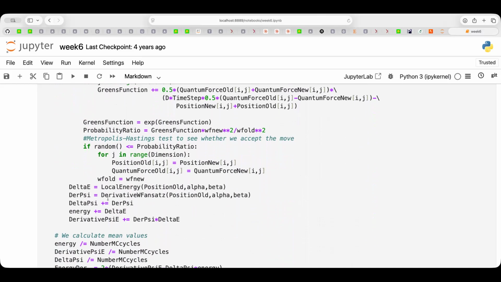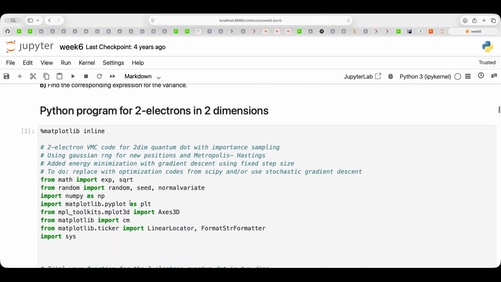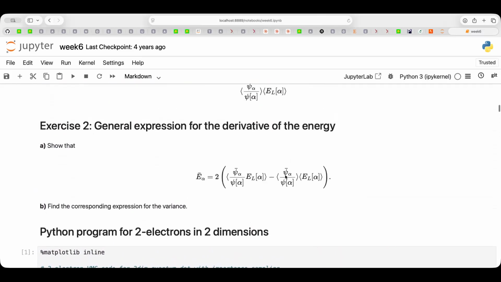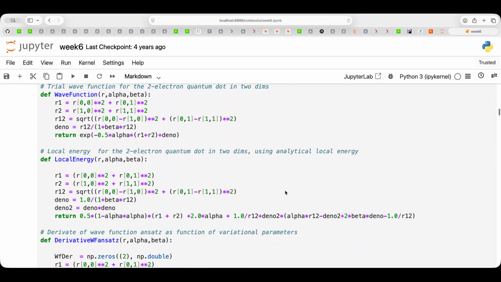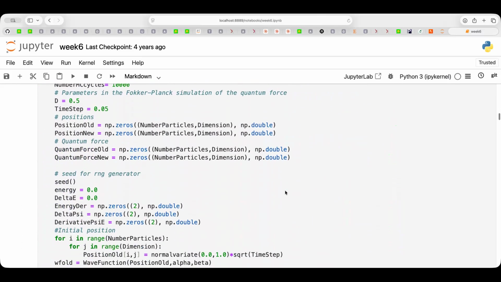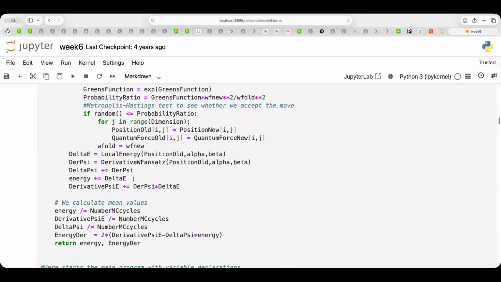Now, my derivatives contain this derivative, derp psi, which is actually the derivative of the wave function. This is now the update of the derivative of psi, which is this integral here. And then I need to set up the local energy times this function.